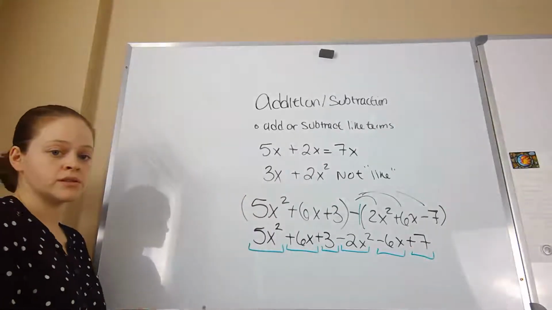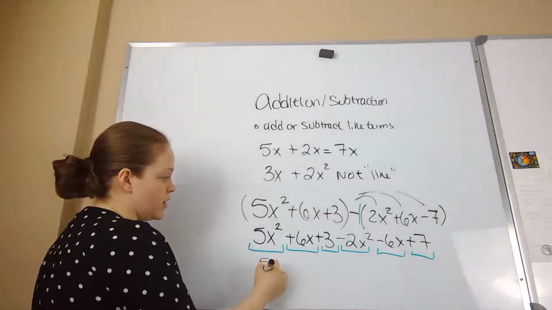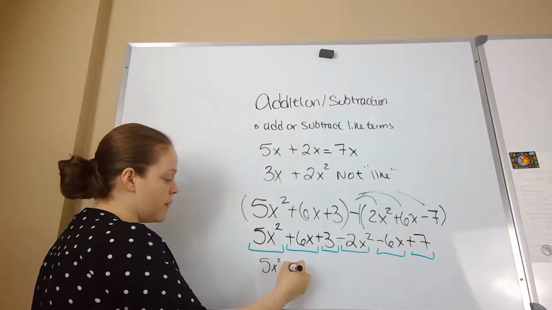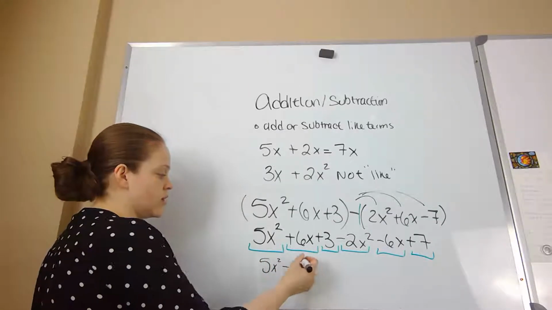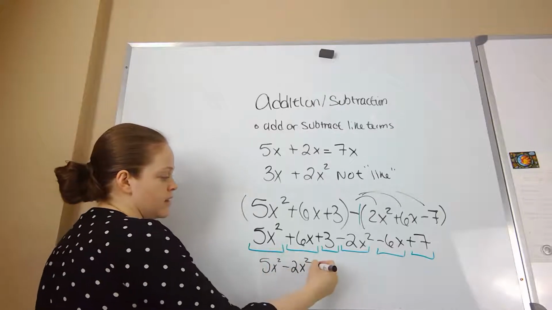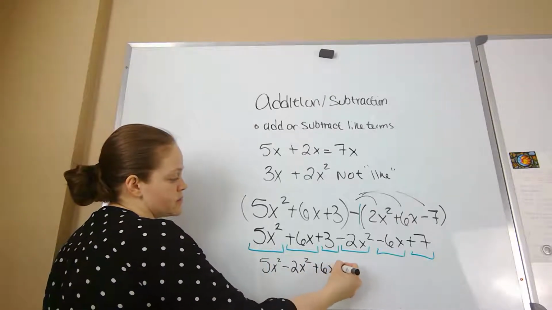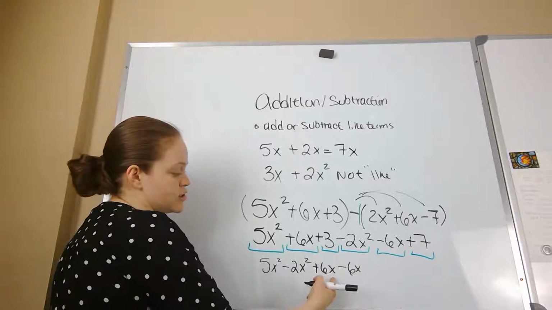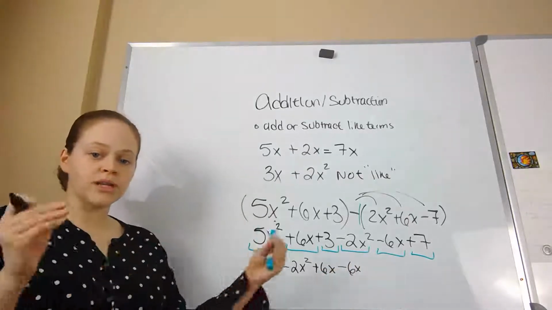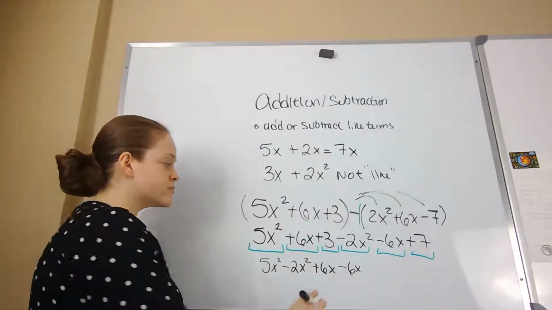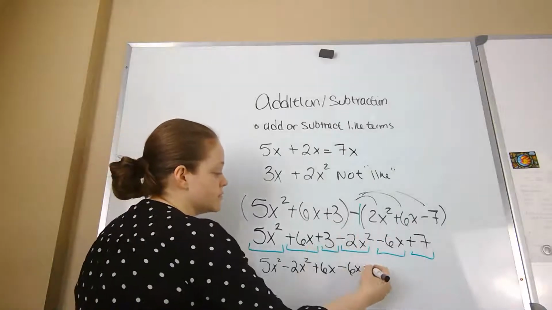So we can go 5x squared minus 2x squared, then plus 6x minus 6x, because these are alike. Right now I'm just combining like terms together. And then 3 plus 7.